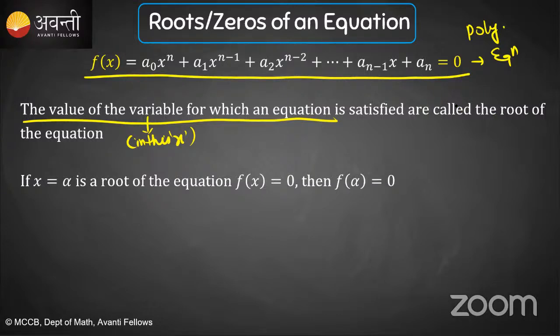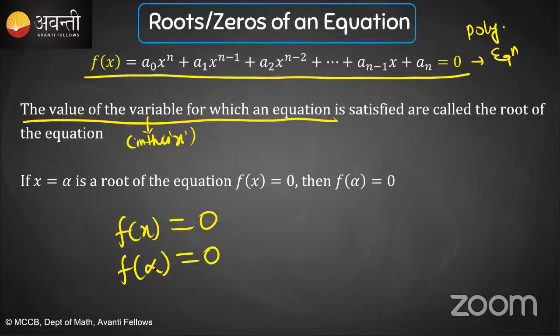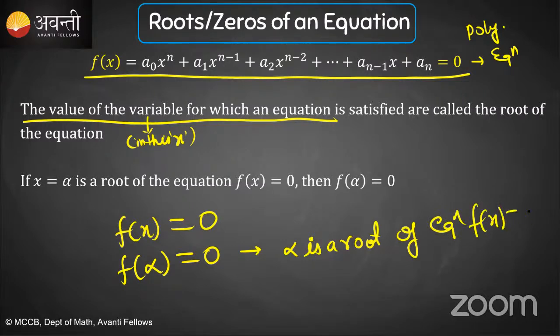What I mean to say is, let's say you have your polynomial. This is a polynomial equation. If x is equal to alpha, if I replace my x with alpha and it is equal to 0, it means that alpha is a root of the equation f of x equal to 0.